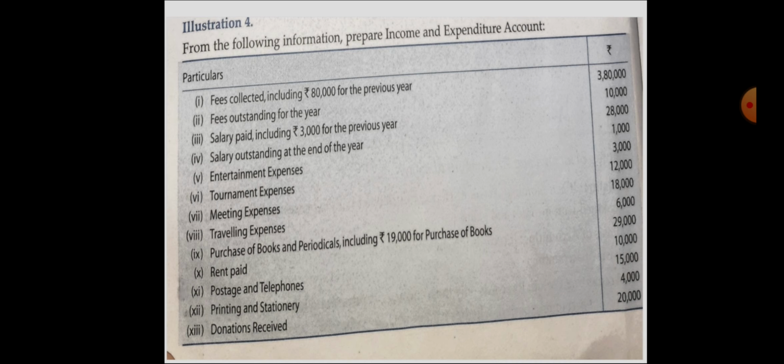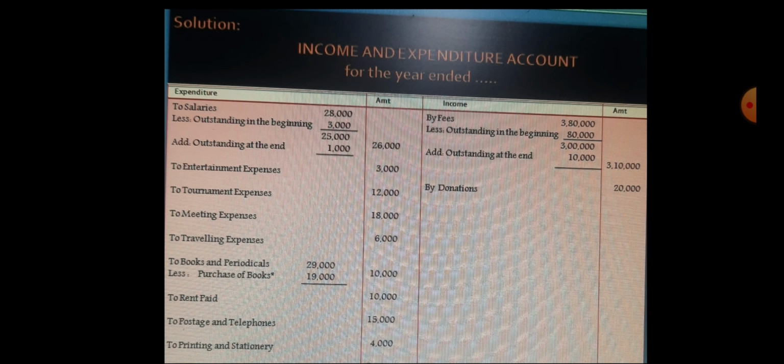So you know that donation, subscription, membership fees, if these things are received, this is your income. Your donation received is your income, and it will be recorded in the income side of the income and expenditure account, by donation 20,000. So almost all the items of your question are over.